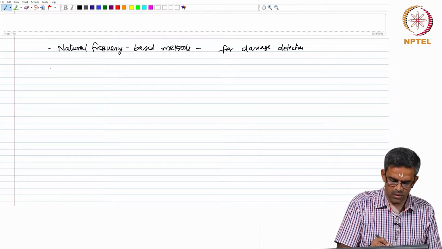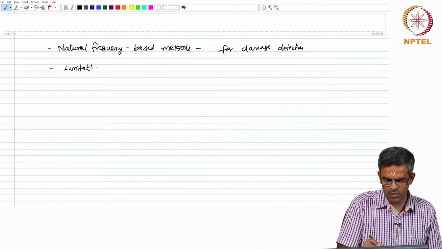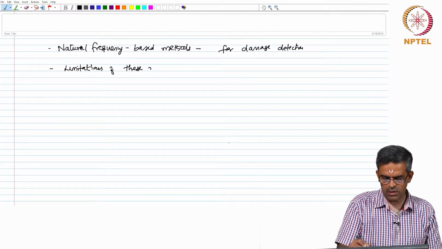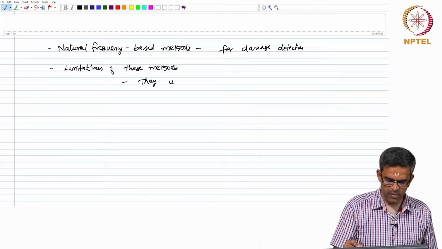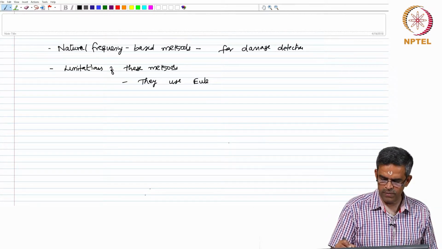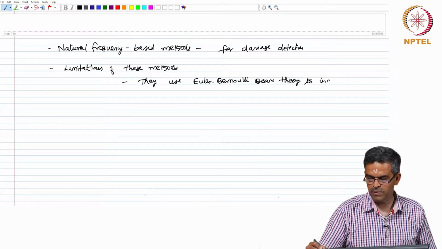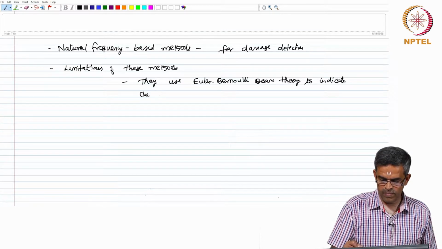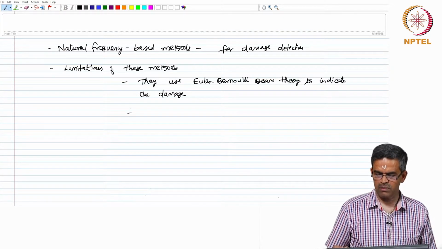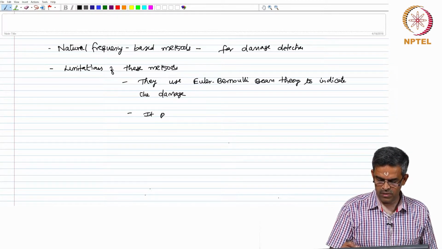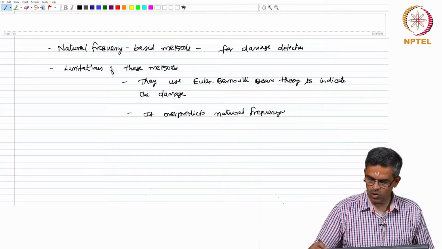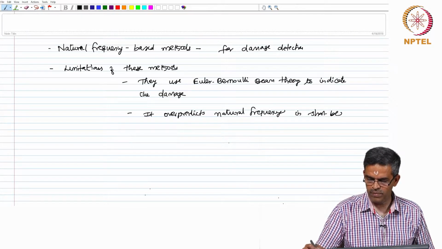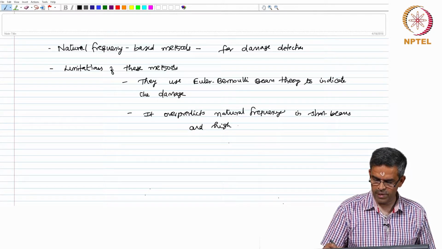We also saw the limitations of these methods, primarily due to the fact that they use Euler-Bernoulli beam theory to indicate the damage, and the common convention with this specific theory is that it over predicts the natural frequency in short beams and high frequency bending modes.